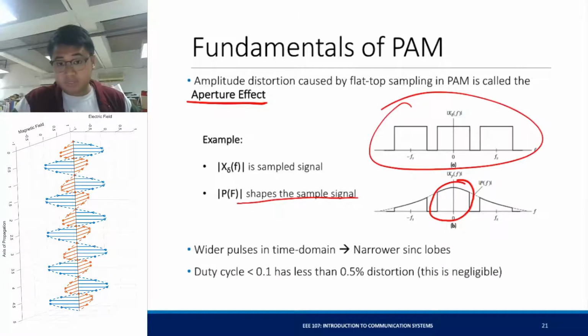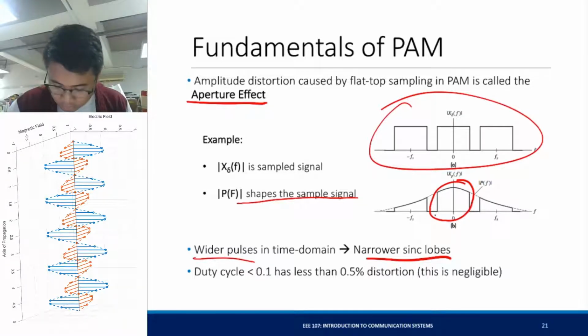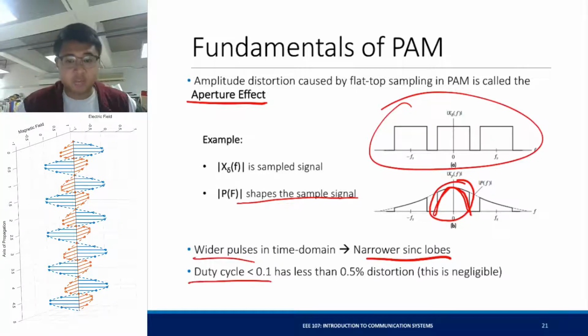To reduce the aperture effect, you need to have narrower pulses. Because if you use wider pulses, your sinc lobe will be smaller, so this distortion could be worse. The rule of thumb here is the duty cycle of your pulse should be less than 0.1, so that you have less than 0.5% distortion of the signal.